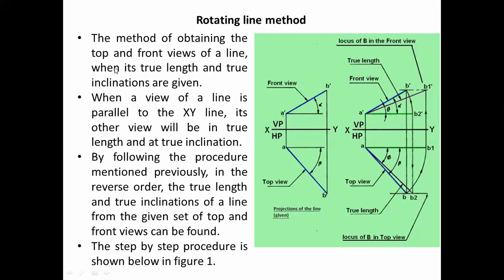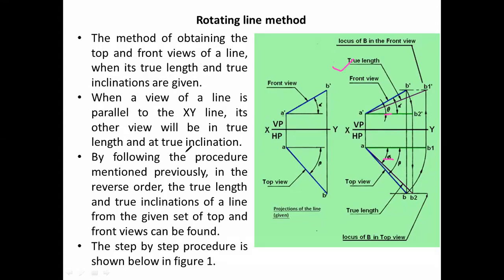The method of obtaining the top view and front view of the line when its true length and true inclination are given. True length is given. Then true inclination: theta is given and phi is given. This much is given. When a view of the line is parallel to the xy line, its other view will show the true length and true inclination.